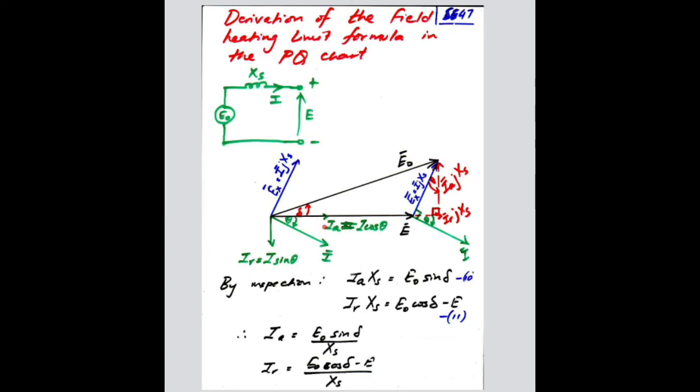The A stands for the active component, active power, and I sine theta, I called it IR. That's for the reactive component, which is reactive current, right? So as you can see, we can derive those two equations for IA and IR.